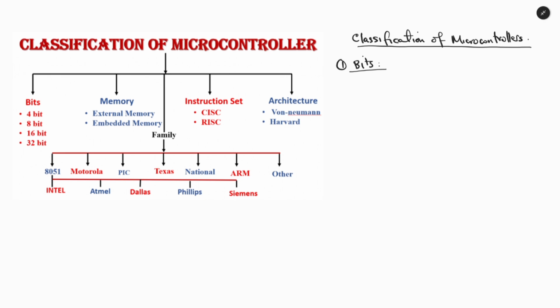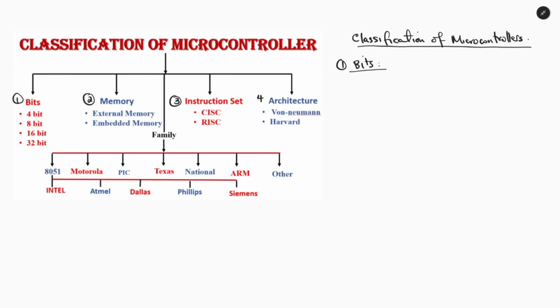Now we can see that our first classification is the number of bits, and microcontrollers are also classified based on the memory, and in terms of the instruction set.